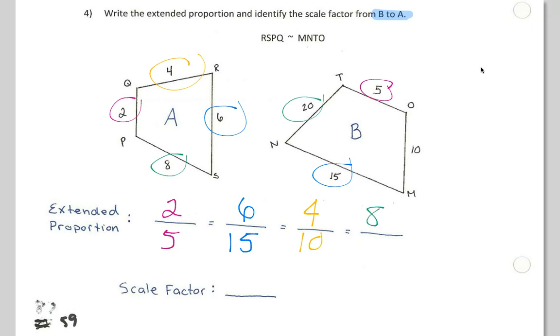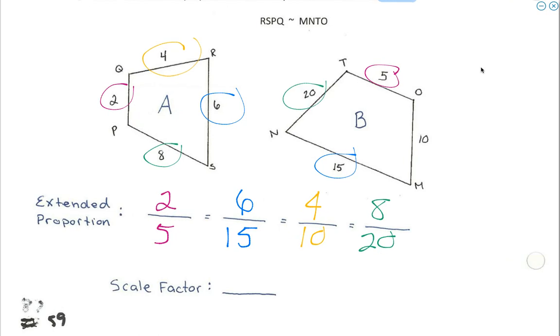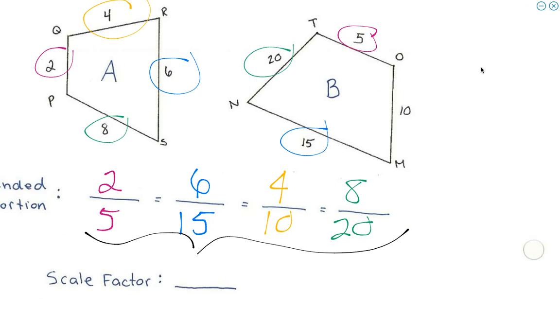Then 8 goes with 20. That's the extended proportion. And they all simplify down to the same number, which is the scale factor, which is 2/5. And that's from A to B.